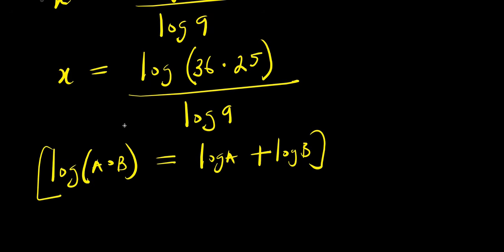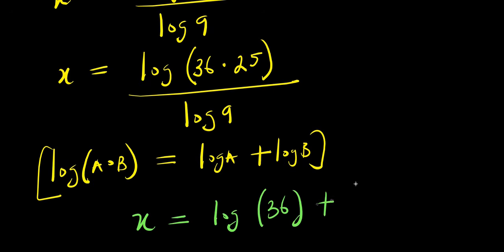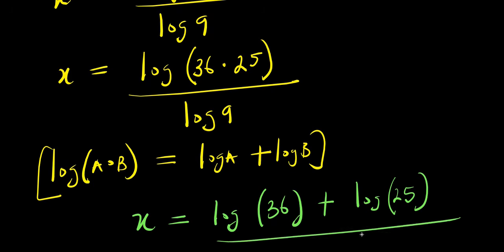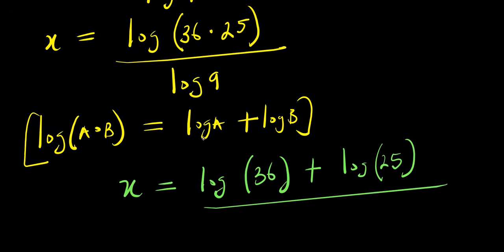So from here, we are simply going to have x equals log 36 plus log 25, and this is divided by log 9.